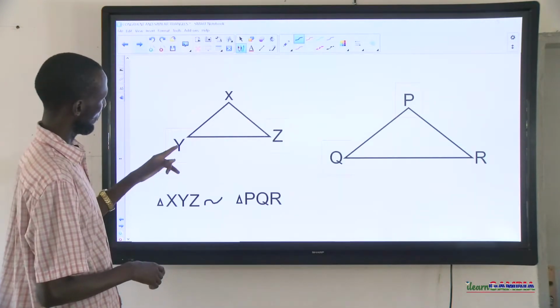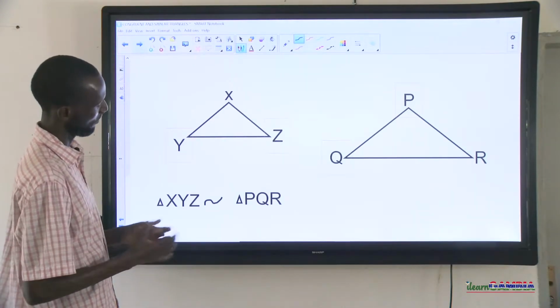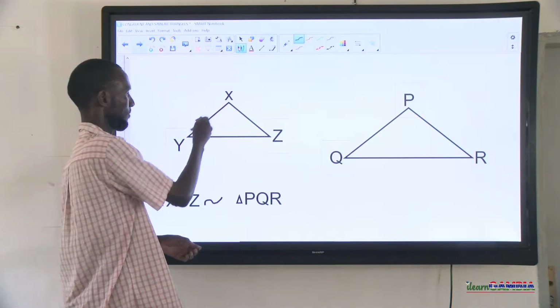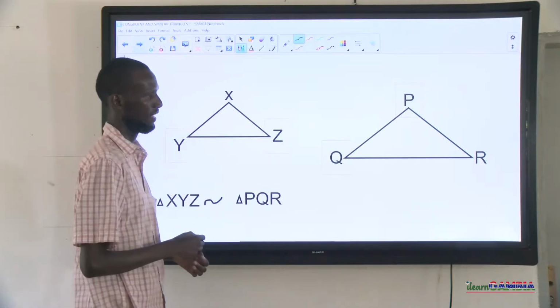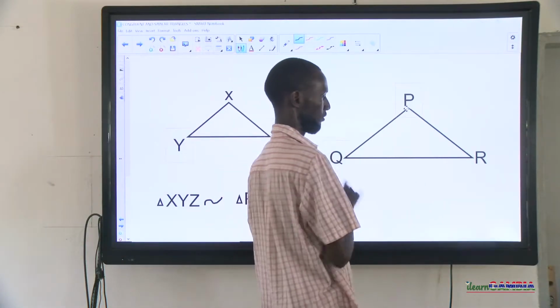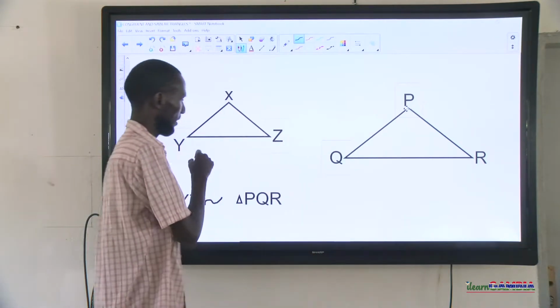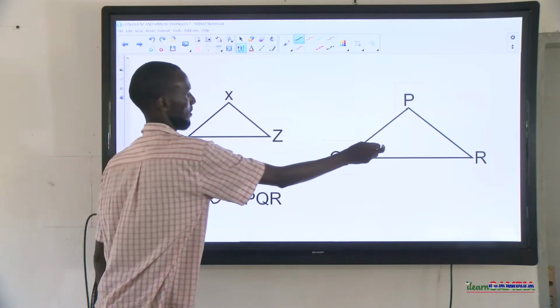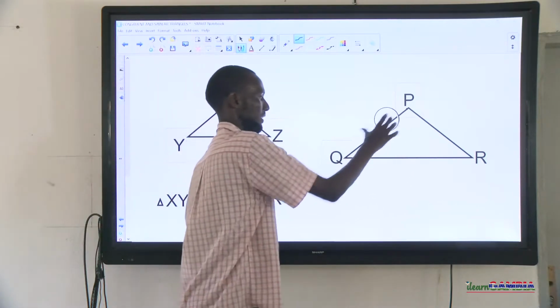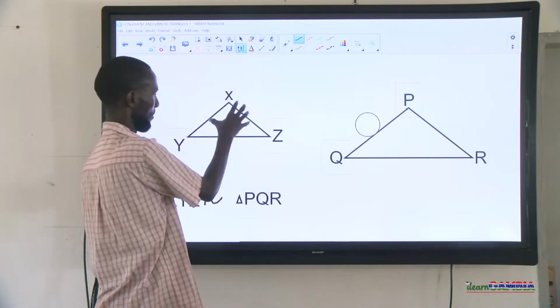This example illustrates that. If you look at triangle XYZ and triangle PQR closely, they have the same shape. But clearly, triangle PQR is bigger than triangle XYZ.